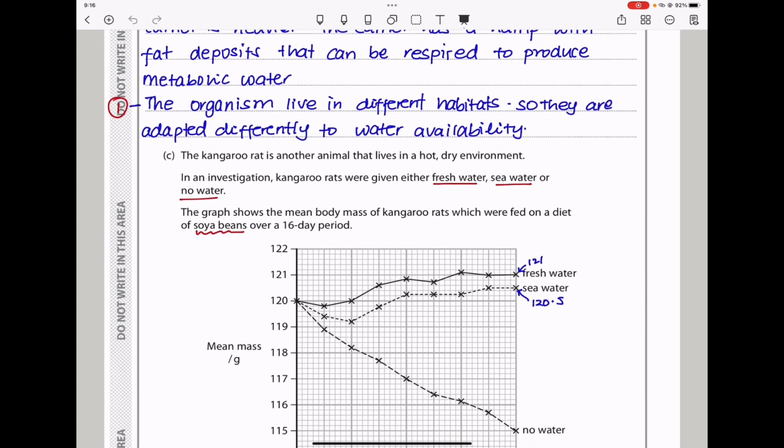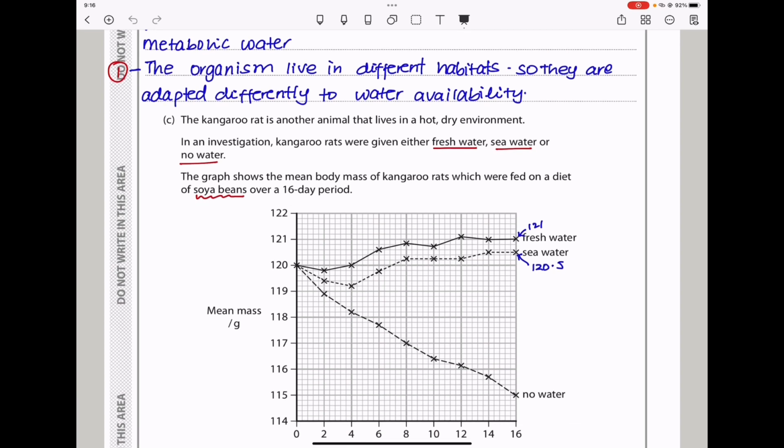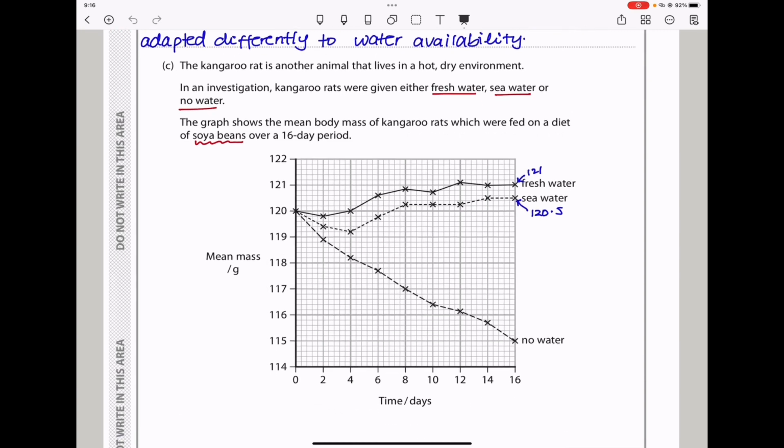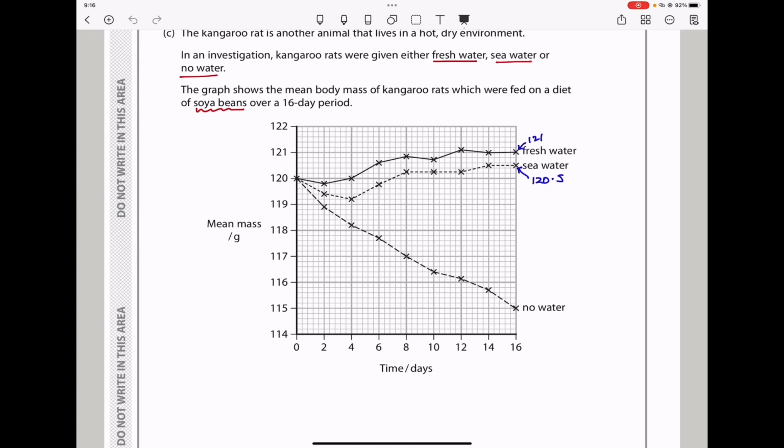Part C. The kangaroo rat is another animal that lives in a hot, dry environment. In an investigation, kangaroo rats were given either fresh water, seawater, or no water. The graph shows the mean body mass of kangaroo rats, which were fed on a diet of soybeans over a 16-day period. So from this graph, we can see vertically, we have the mean mass, and horizontally, we have the time in days.